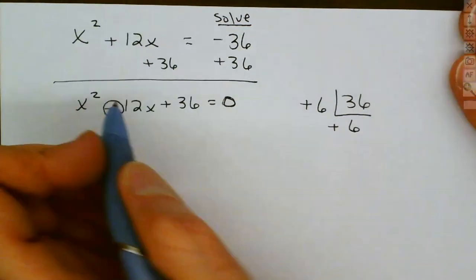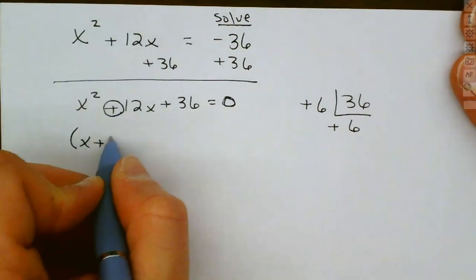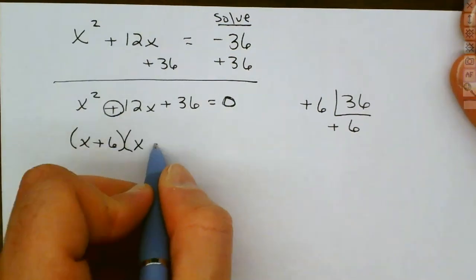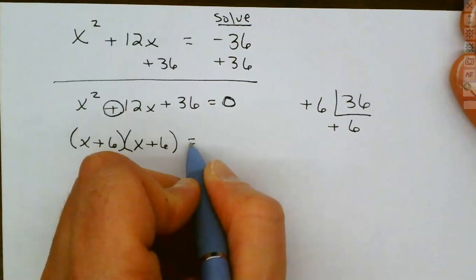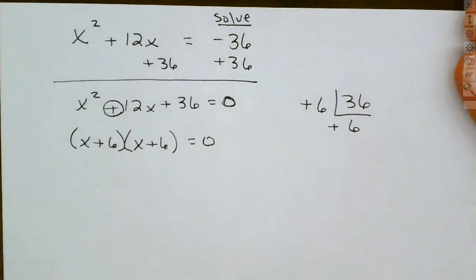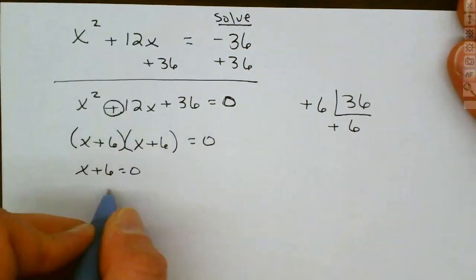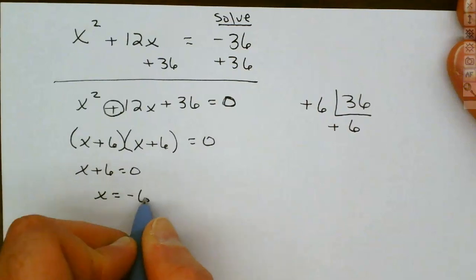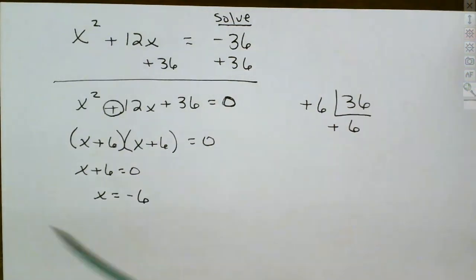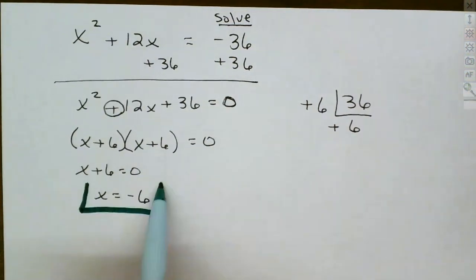Well, these are the same. And in this case, we only have what? One unique solution. So x plus 6 equals 0. So x equals my only solution. X equals what? Negative 6.